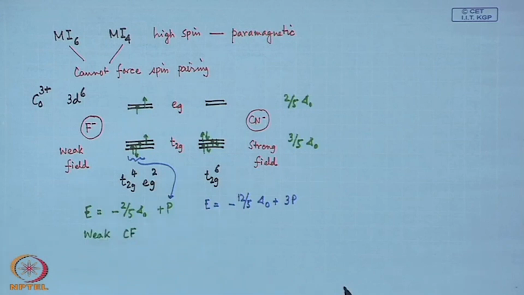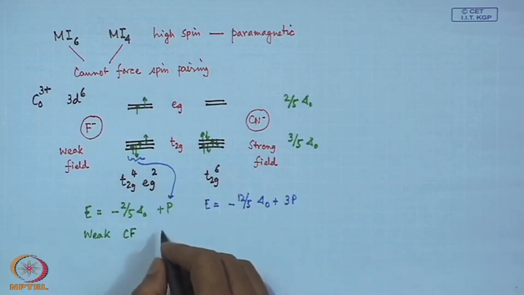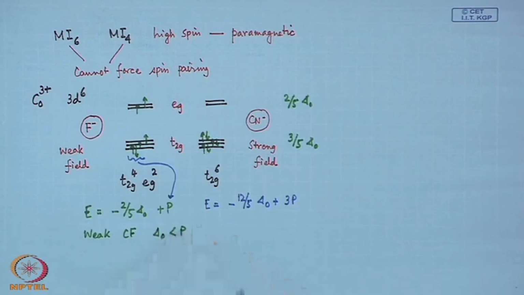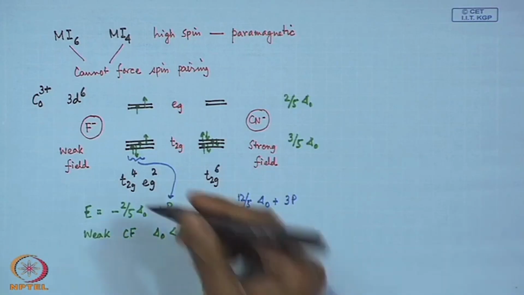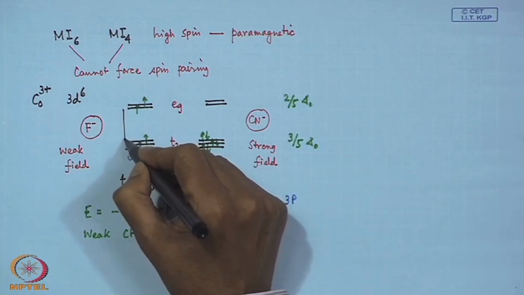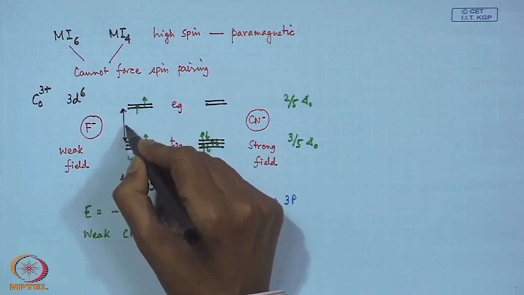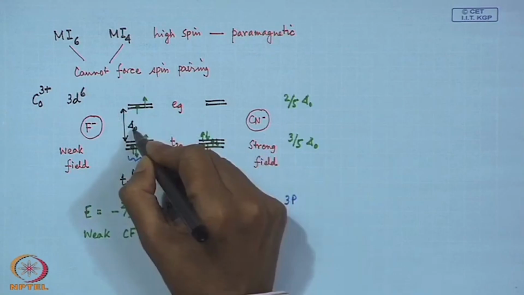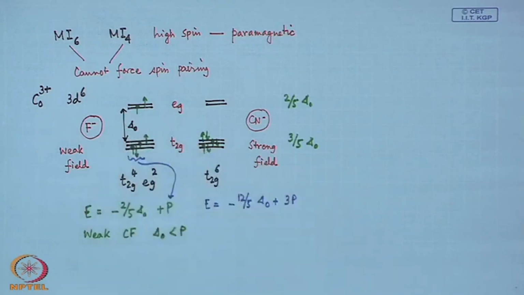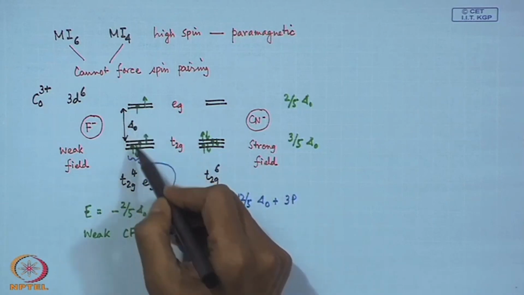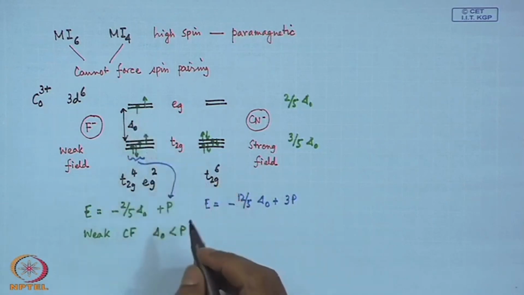On the left hand side we have a weak crystal field, and in that situation delta O of the octahedron is less than P. That means the separation is less than the pairing energy, so the electrons will go from the lower to the upper level.